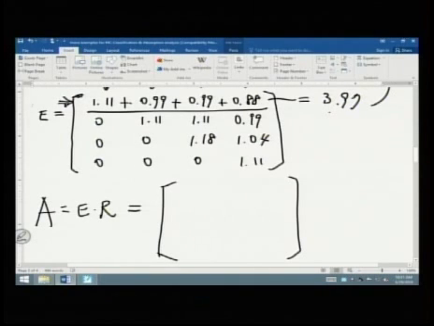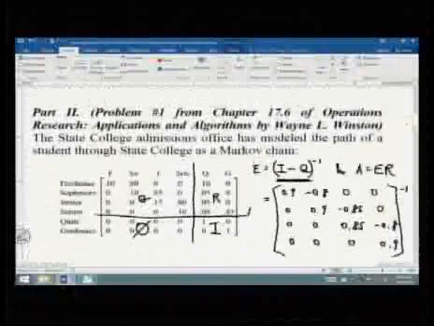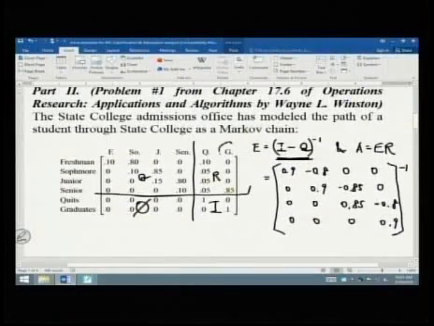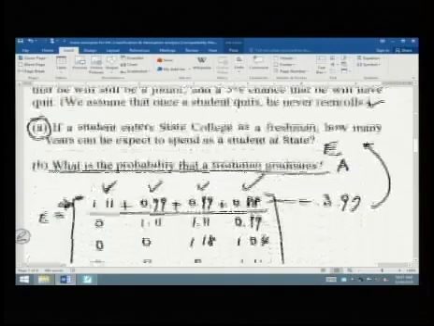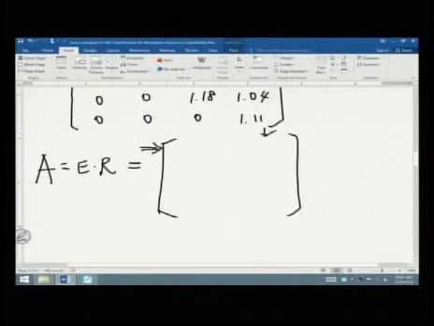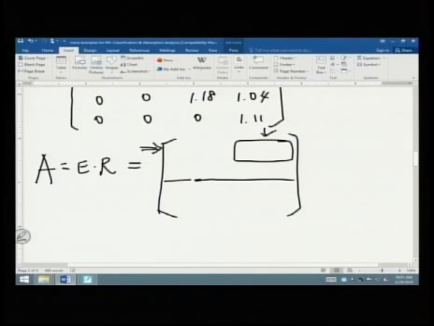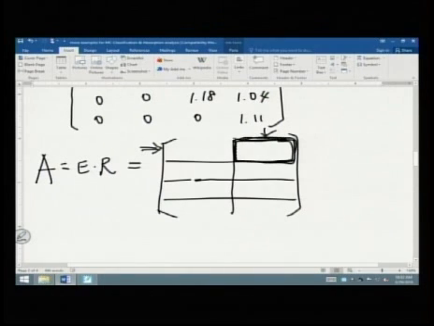Again, starting from freshman, we need the top row, and the last one is the graduation, which means we need the upper right corner value. How do we get this?